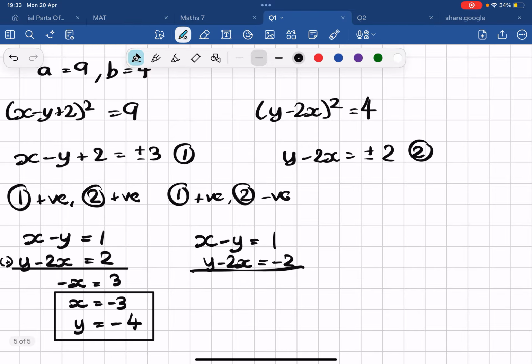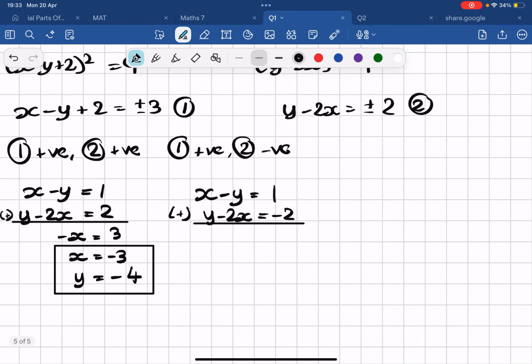Again, let's add these equations. It forces our y term to cancel, so we have minus x equals minus 1, therefore x equals 1, and then y must equal 0. And if you put that into our second equation, y is 0, 0 minus 2 times 1, so 0 minus 2 is indeed minus 2, so that works.